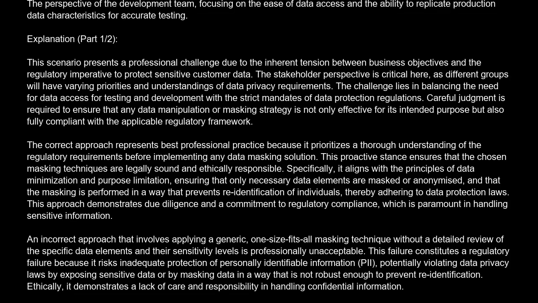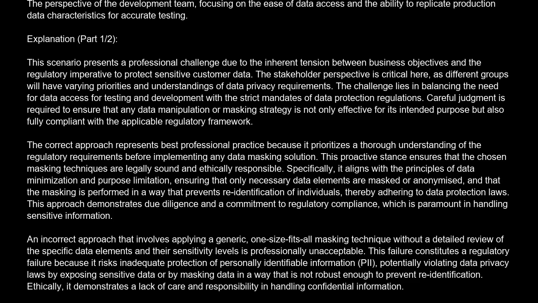The perspective of the development team, focusing on the ease of data access and the ability to replicate production data characteristics for accurate testing. Explanation: this scenario presents a professional challenge due to the inherent tension between business objectives and the regulatory imperative to protect sensitive customer data. The stakeholder perspective is critical here, as different groups will have varying priorities and understandings of data privacy requirements.